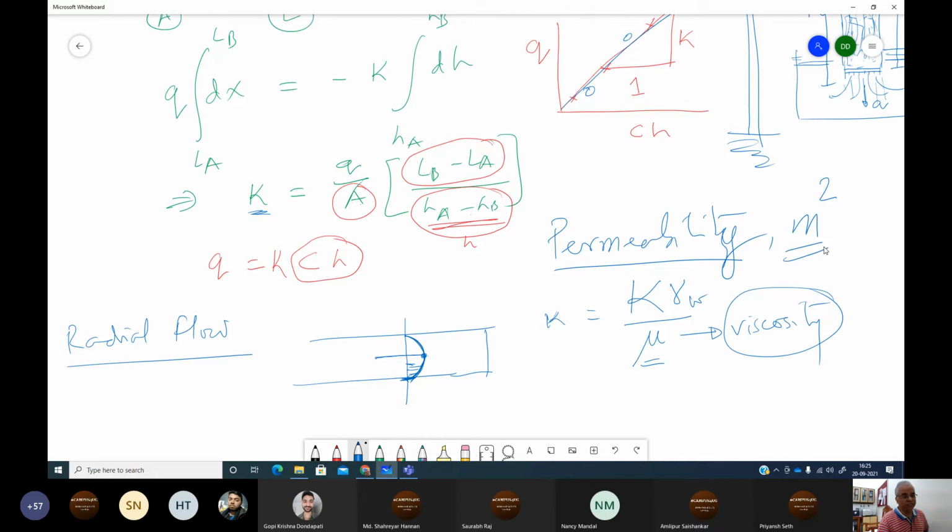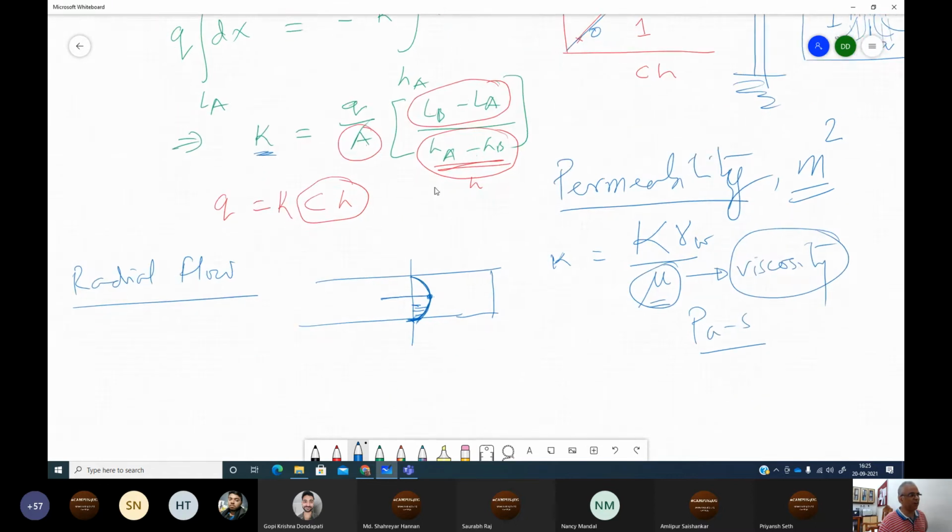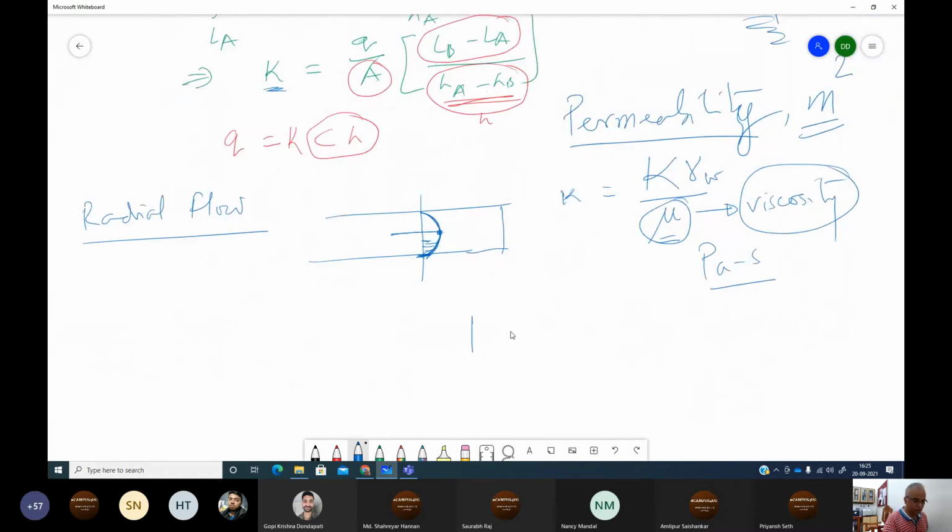And the viscosity, the poise, in the SI unit system is Pascal second, and in field units it is called millipoise or centipoise. These are all named after scientists. 1 poise is 0.1 Pascal second.